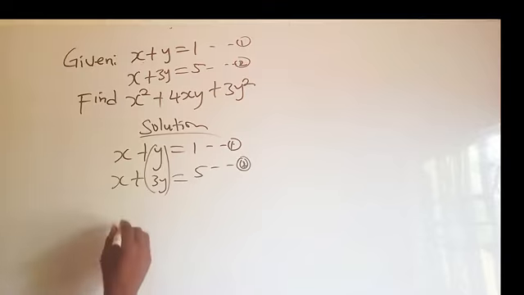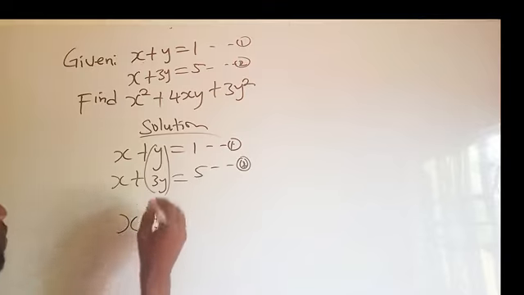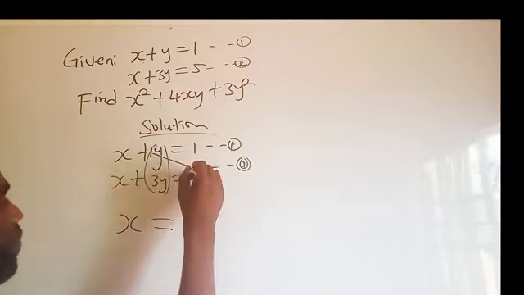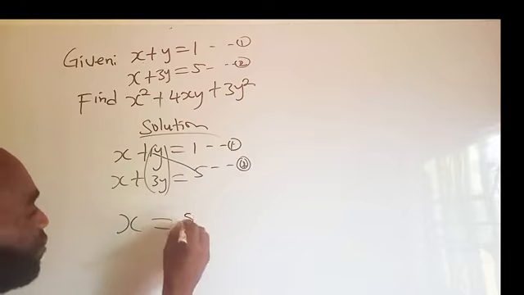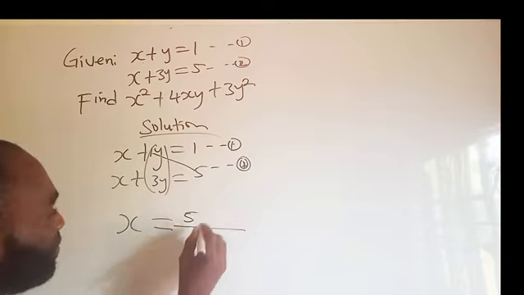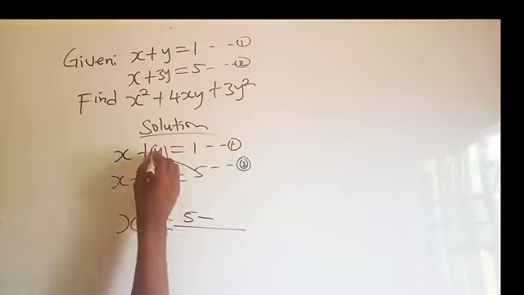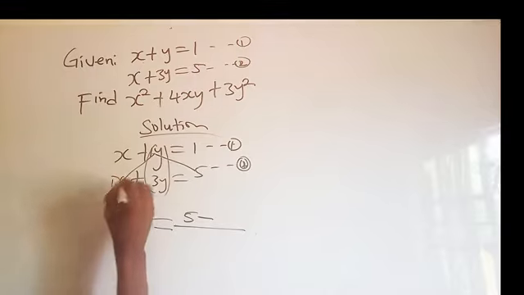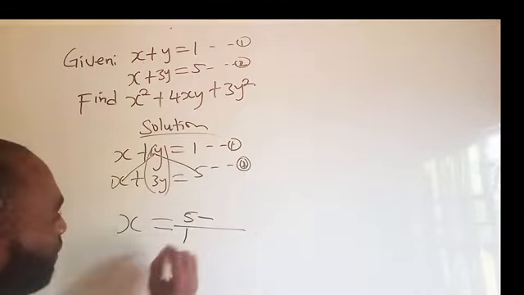So x will be equal to, the coefficient of y here is 1, crossing to multiply this, that will give us 5. Draw this line, minus, and crossing this side too, that will give us 1 times 1, that is 1.